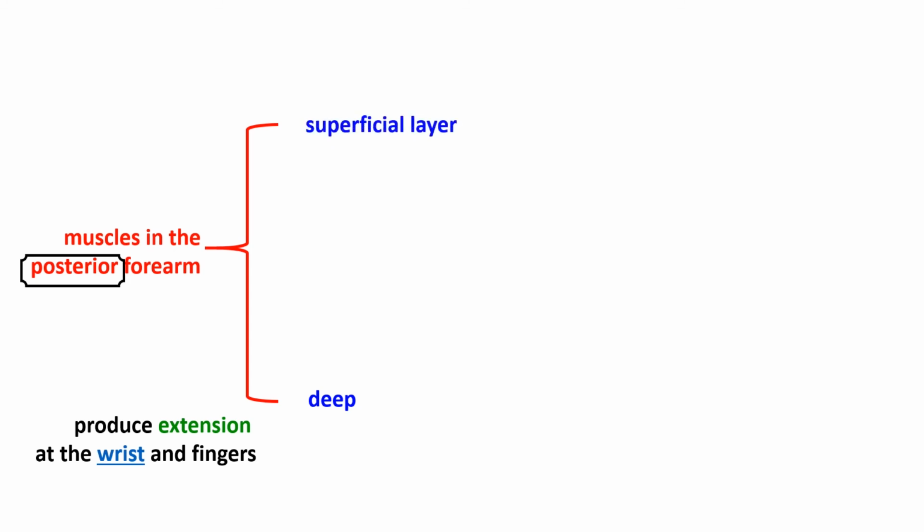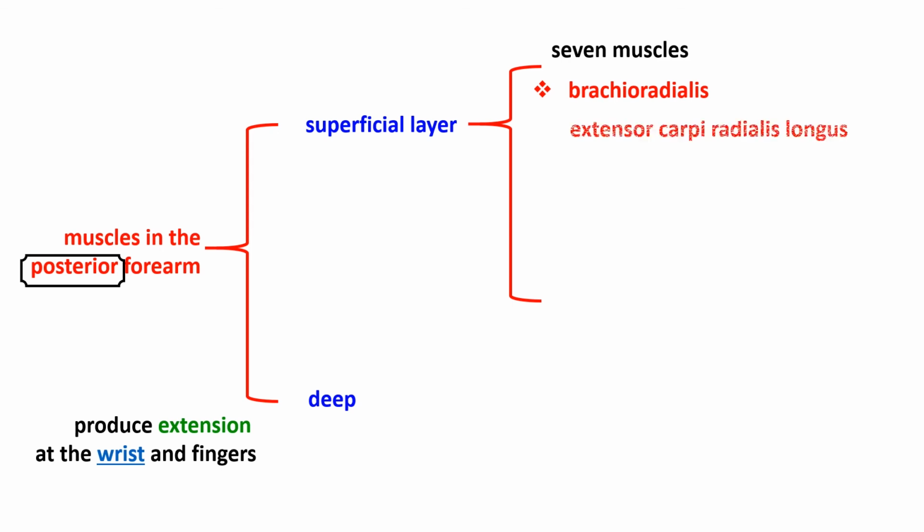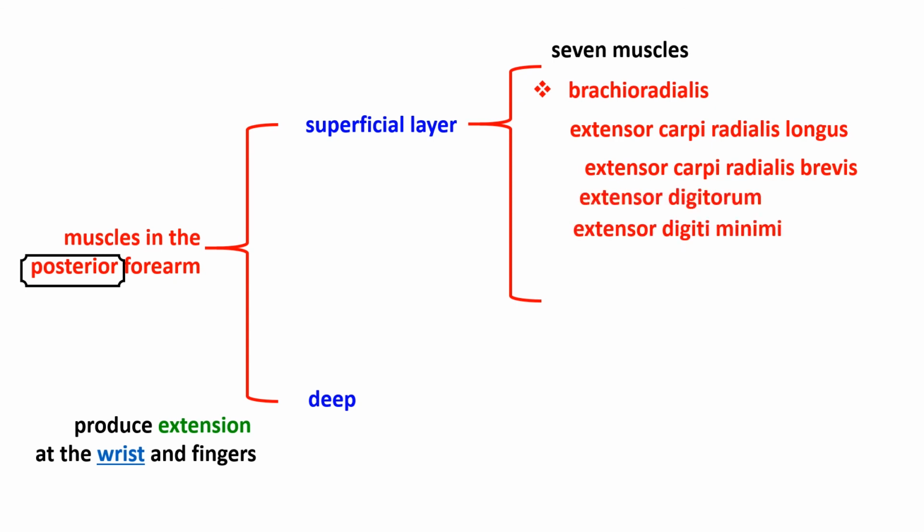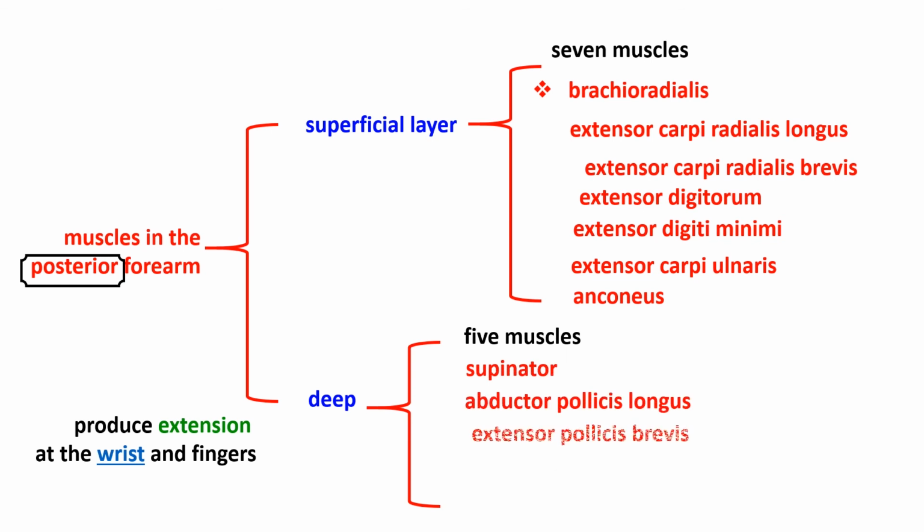This superficial layer is going to include 7 muscles: the brachioradialis, the extensor carpi radialis longus, extensor carpi radialis brevis, extensor digitorum, extensor digiti minimi, extensor carpi ulnaris, and anconeus. Now, deep ones will be left for the musculoskeletal system.